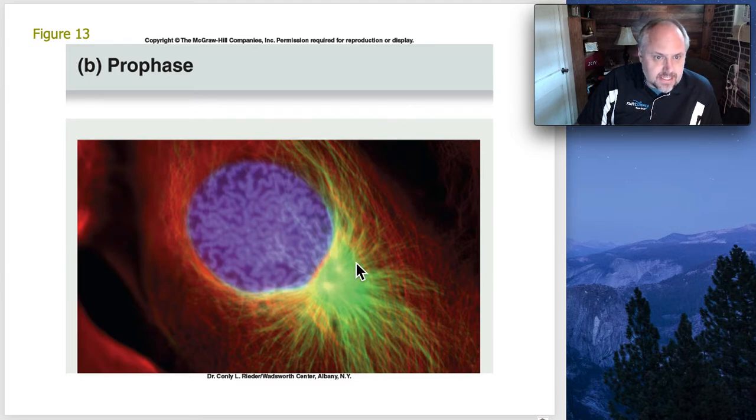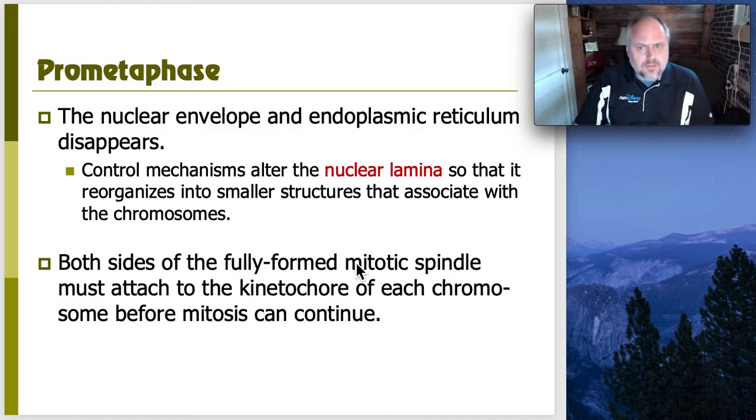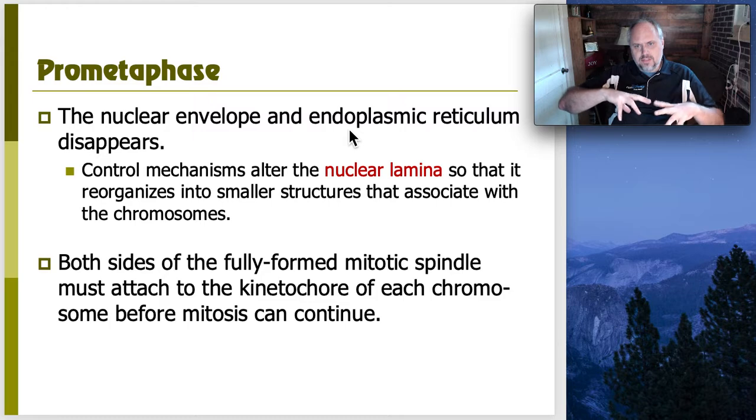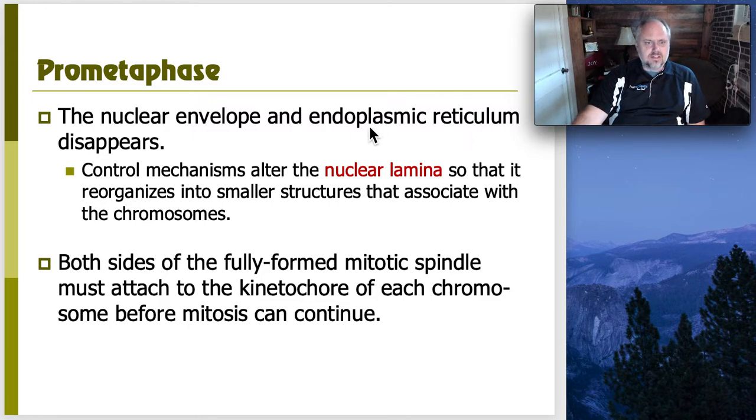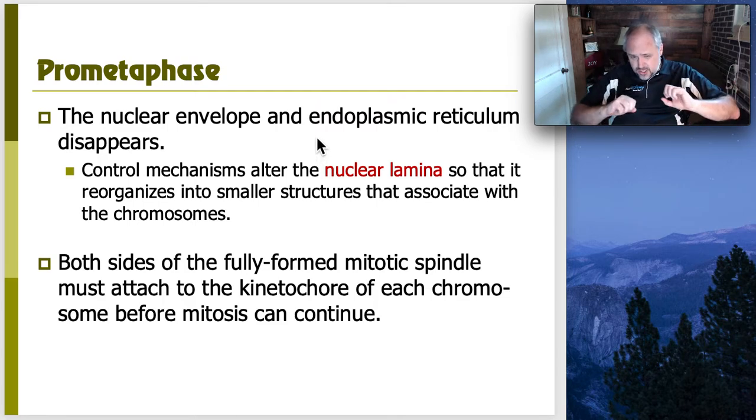That's prometaphase. A couple of things are going to happen here. The nuclear envelope obviously has got to disappear, and remember, the nuclear envelope and the endoplasmic reticulum are all closely connected to each other, so it's going to disappear as well. Now, disappear doesn't mean we're getting rid of it.